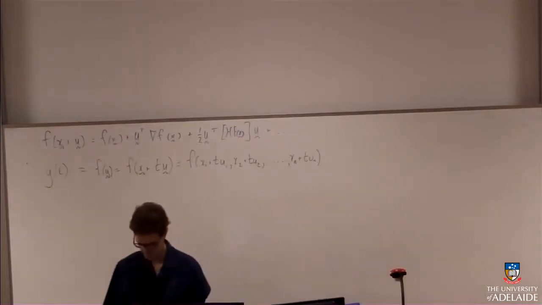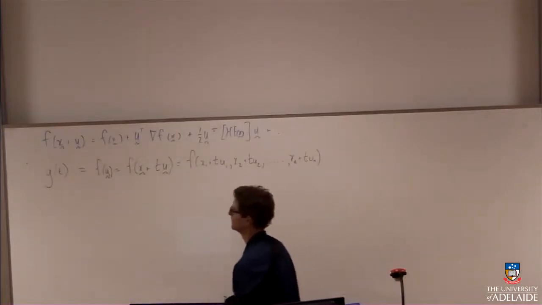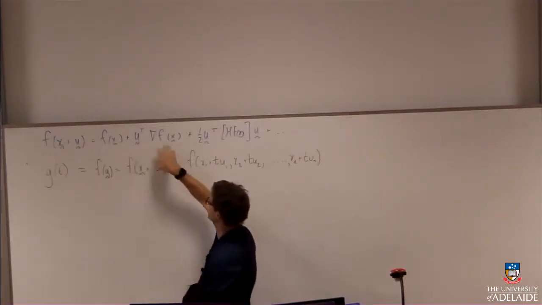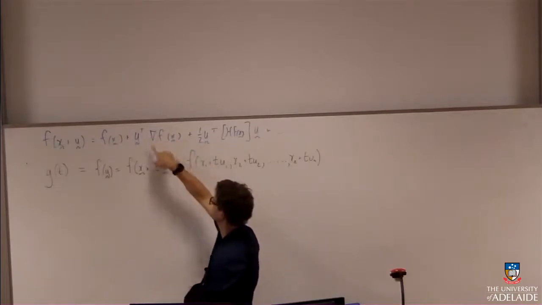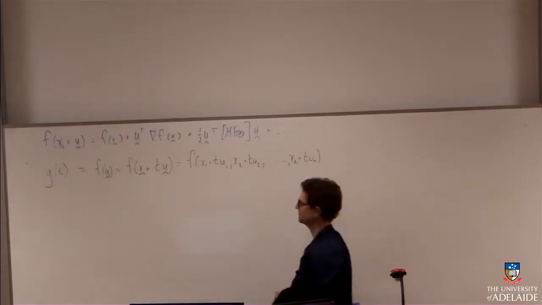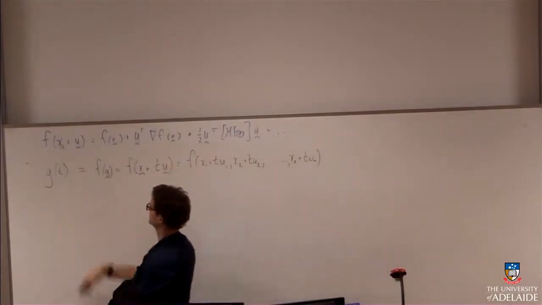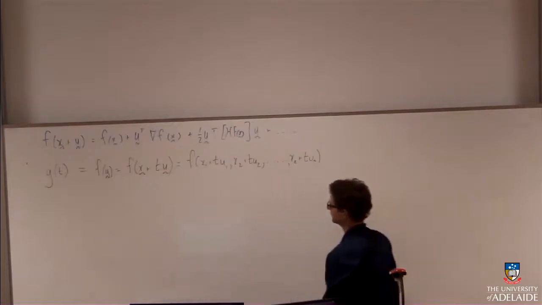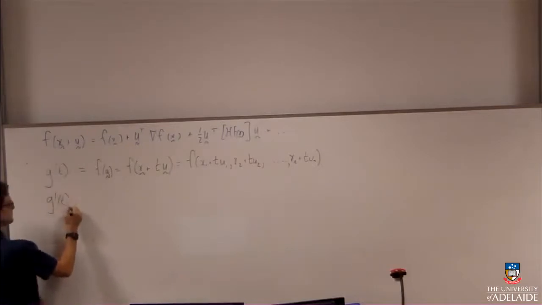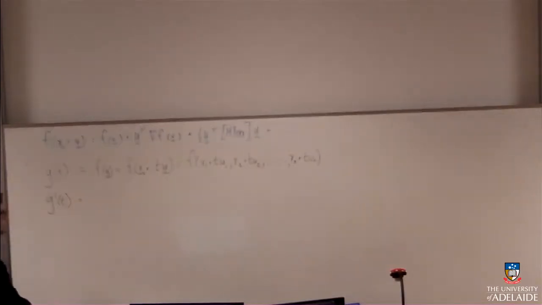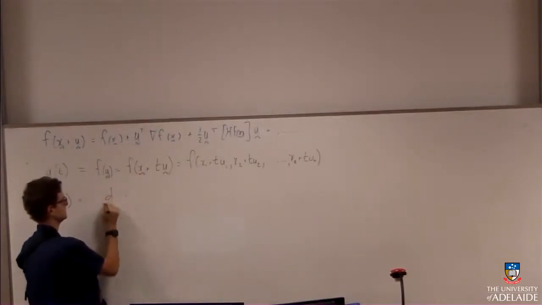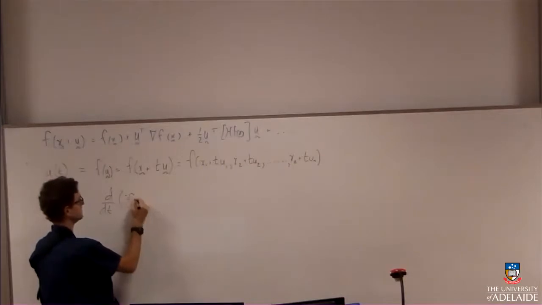Now, if I'm going to figure out what all these gradient terms are, all these different derivative terms, so if I think about writing down a Taylor series of this thing, then I need to differentiate. So g prime of t, what does that mean? Well, that means the derivative with respect to t of this object here.